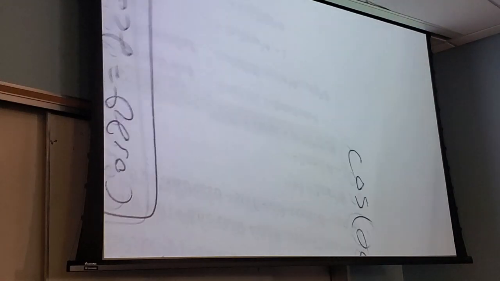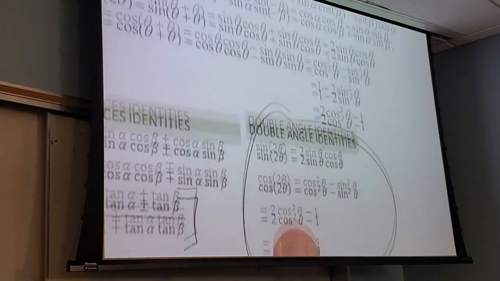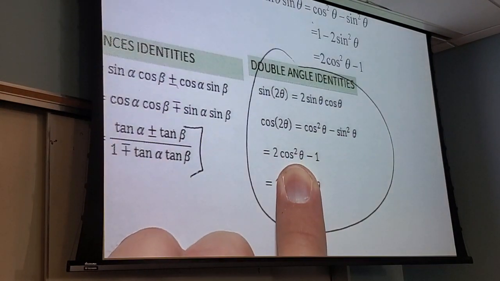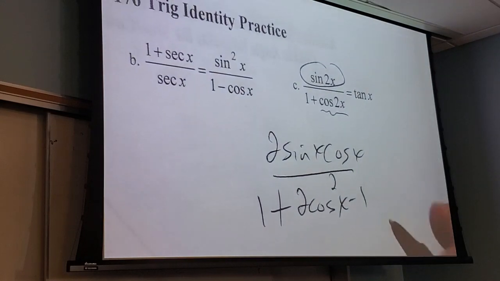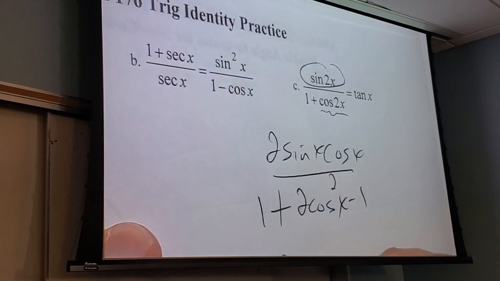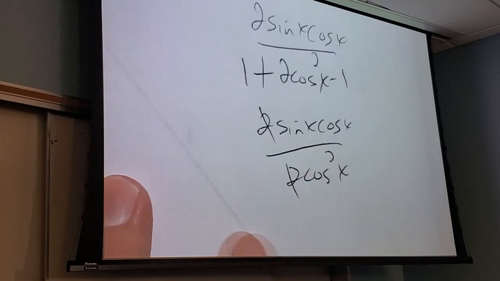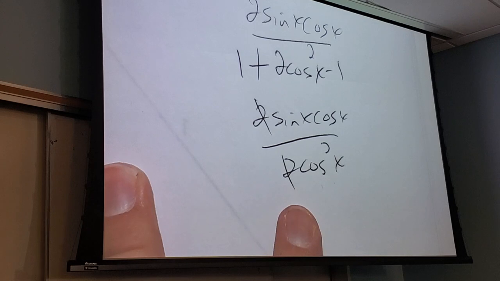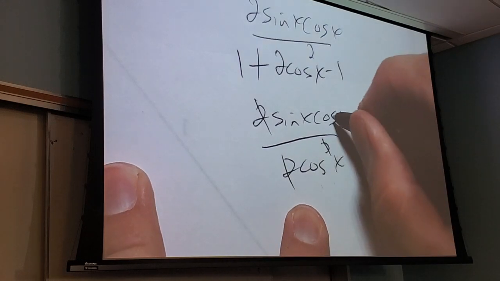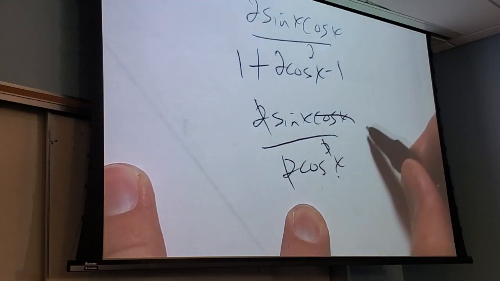So what do I get on the bottom now? 2 cosine squared. The 2's cancel, correct? What else cancels? One cosine cancels, and what's sine x over cosine x?